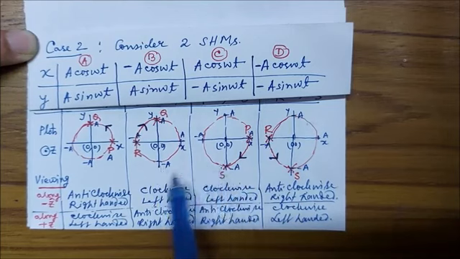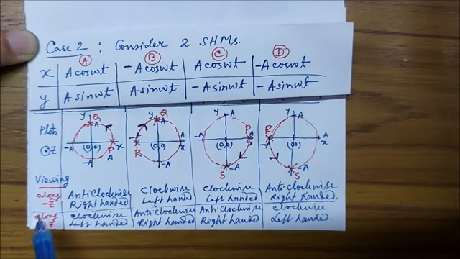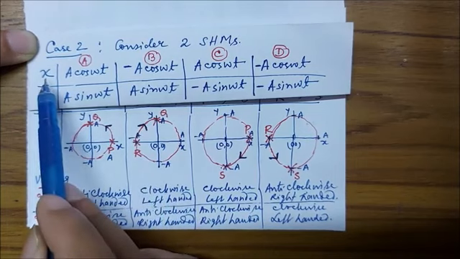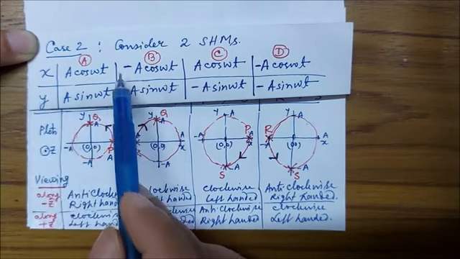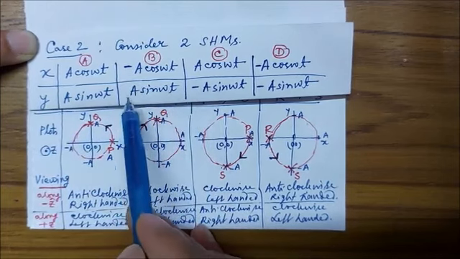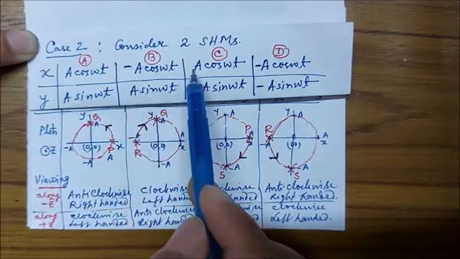Again, the tracing will be identical, that is both clockwise or both anti-clockwise, depending upon who is viewing and from where. If x is cos and y is sine and they differ by a negative sign, that is one is minus, the other is plus.